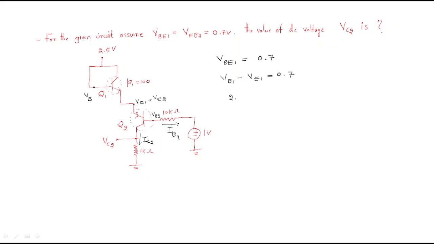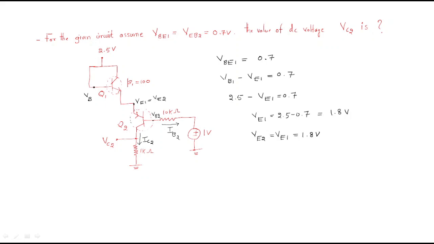So 2.5 minus VE1 equals 0.7. From this, VE1 equals 2.5 minus 0.7, so we can take 1.8 volts. So VE2 equals VE1 equals 1.8 volts.